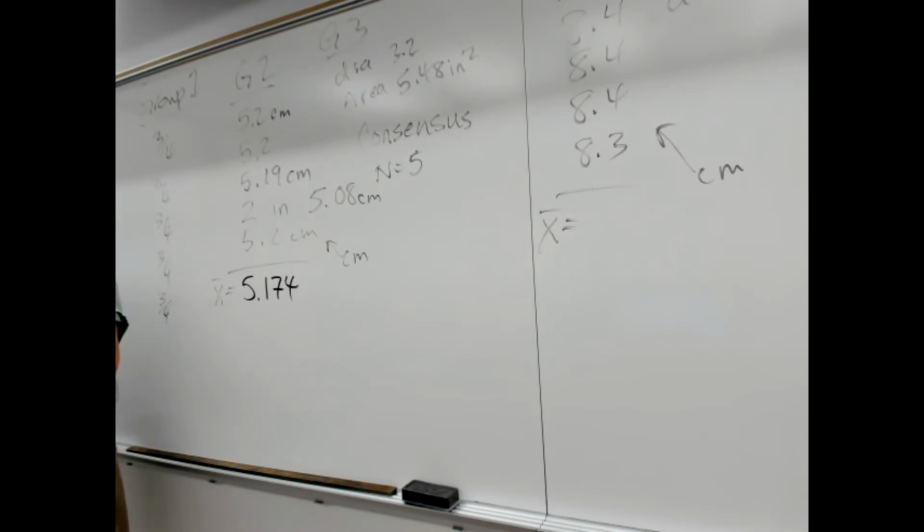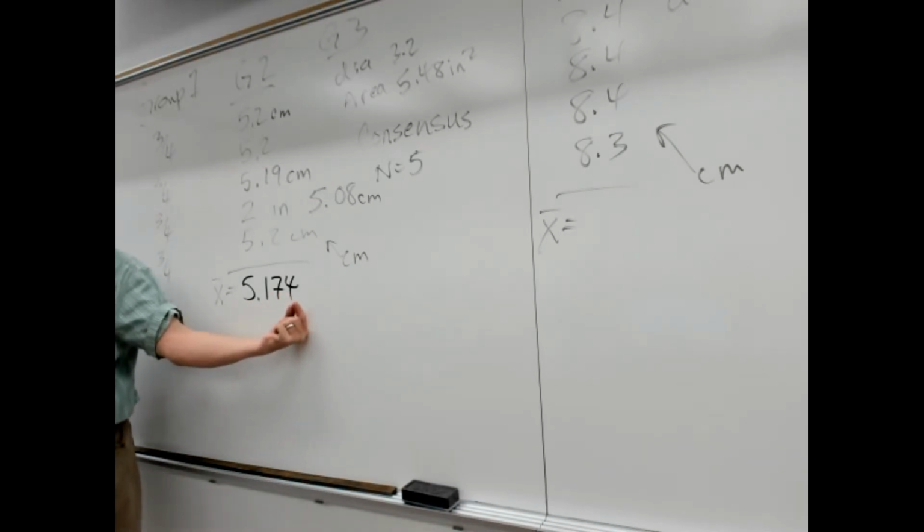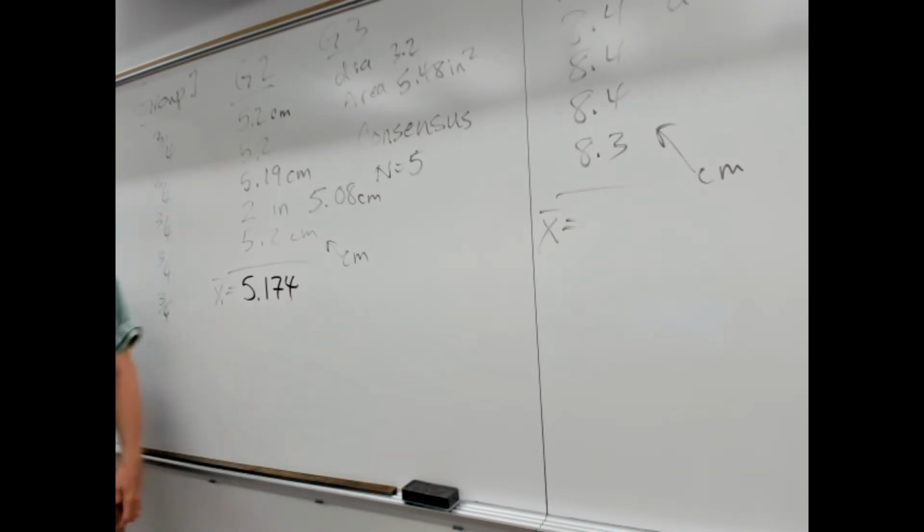We will let the uncertainty tell us where to round. Because again, the reporting principle is all certain digits plus 1 uncertain digit. And I don't really know where my uncertainty lies here. So I'm going to keep lots of digits until I get my standard deviation, and then I'm going to round. Okay, good.